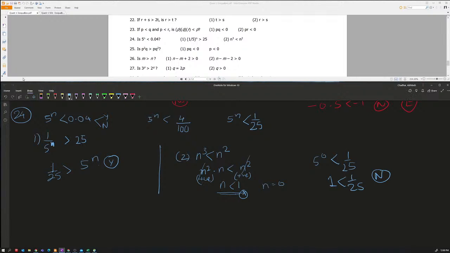But if I take something like 5 power minus 3, that would be 1 upon 125, which is less than 1 by 25.